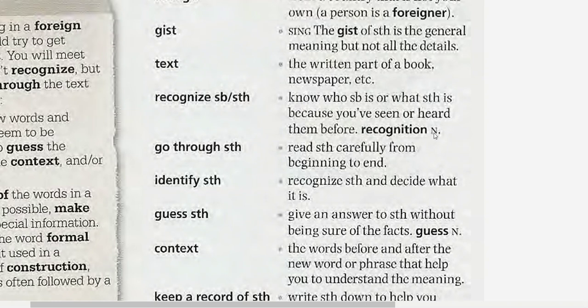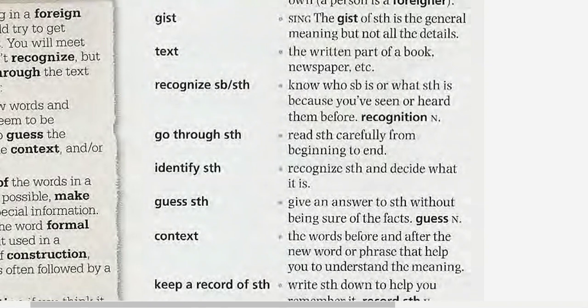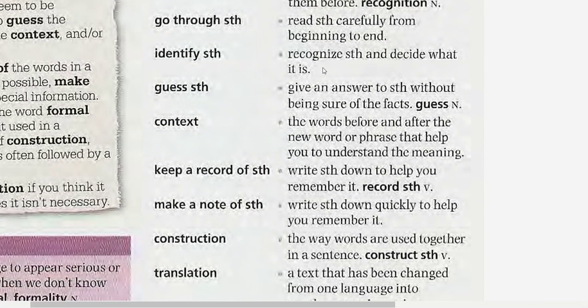Recognition, noun. Go through something: read something carefully from beginning to end. Identify something: recognize something and decide what it is. Guess something: give an answer to something without being sure of the facts.